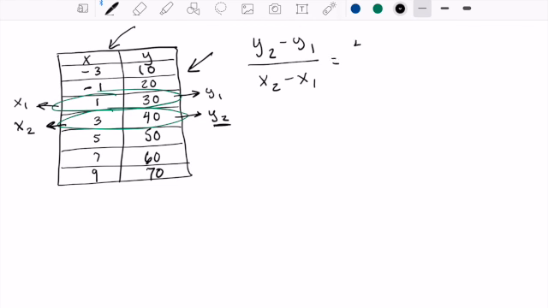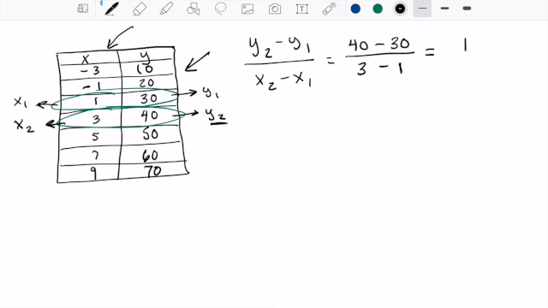So y2 is 40 minus my y1 is 30 over my x2 is 3 minus my x1 is 1. And now we can simplify. 40 minus 30 gives me 10. 3 minus 1 gives me 2. 10 divided by 2 gives me 5. Therefore, the slope of this table is 5.